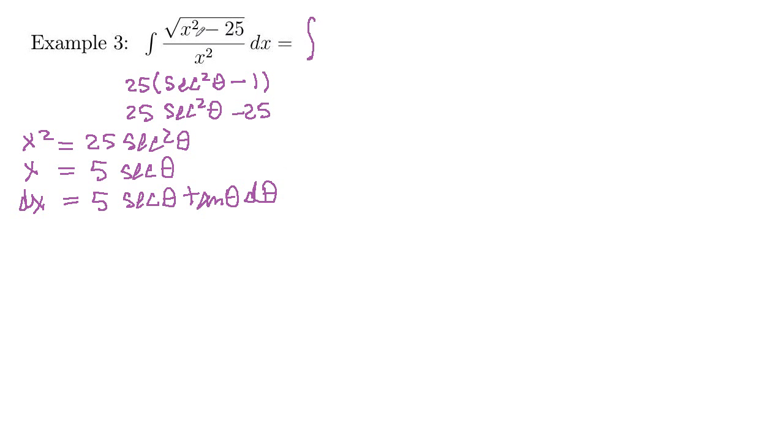So in the numerator, x squared minus 25 is right here. So it's 25 times secant squared theta minus 1. That is under the square root. In the denominator, we've got that x squared, which is 25 secant squared.